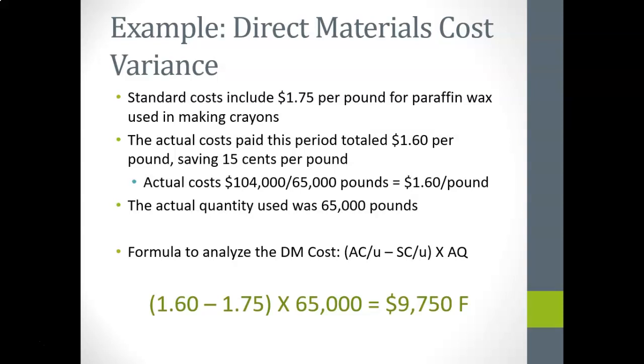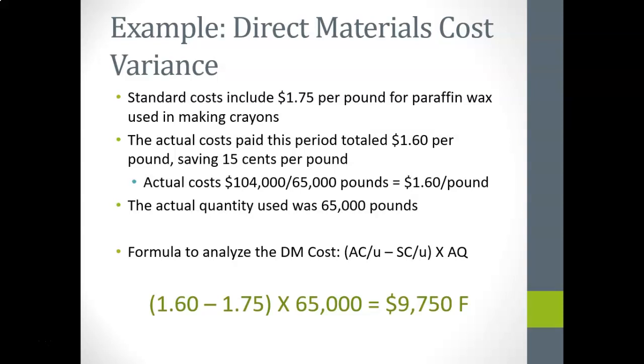And we're going to subtract out the standard cost per unit, which is $1.75 per pound of paraffin. So that difference, which is 15 cents per pound, multiplied by the 65,000 pounds we actually used, is $9,750.